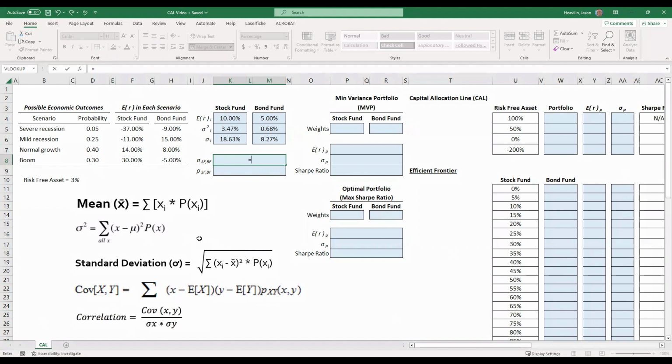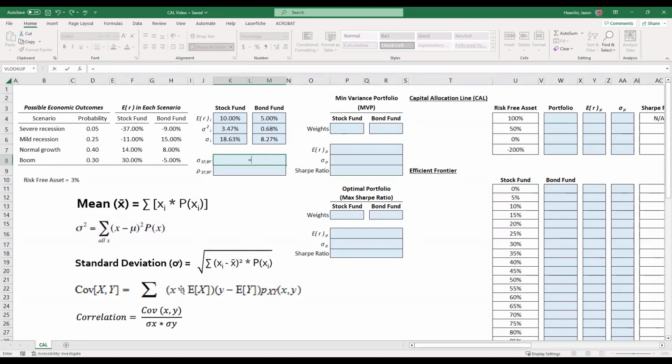Now, technically speaking, mu is population average and x bar is sample average, but in this case, they can be used interchangeably. Here, E of X, which is similar to what I have here, also means X bar or mu in this situation.